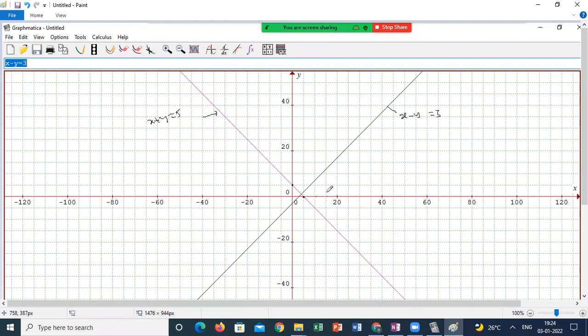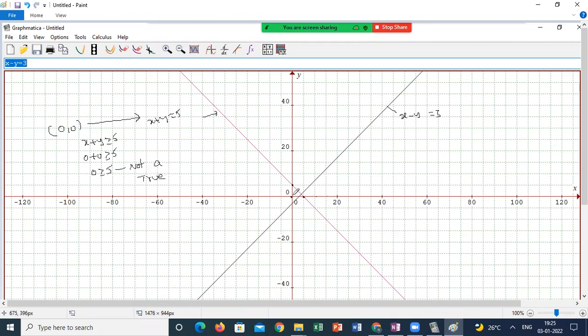Anyway, I am taking a point. How will I know which part? See, for the red line, 0 comma 0 is below the line. For the black line, it is above the line. Substituting 0 comma 0 in the inequality x plus y greater than or equal to 5, we get 0 plus 0 greater than or equal to 5. 0 is greater than or equal to 5 is not a true statement.